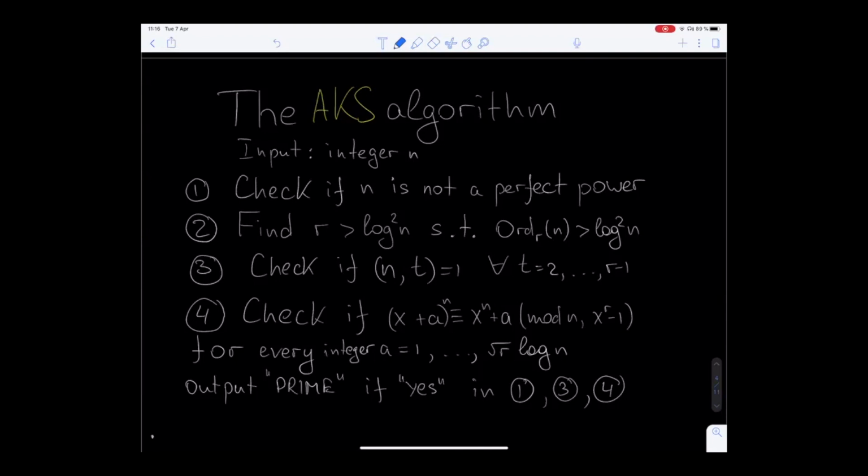Okay, so let me describe the algorithm. It's written down here. The first step, which we generally, as I mentioned already, ignore, is we check whether n is a perfect power of a number.